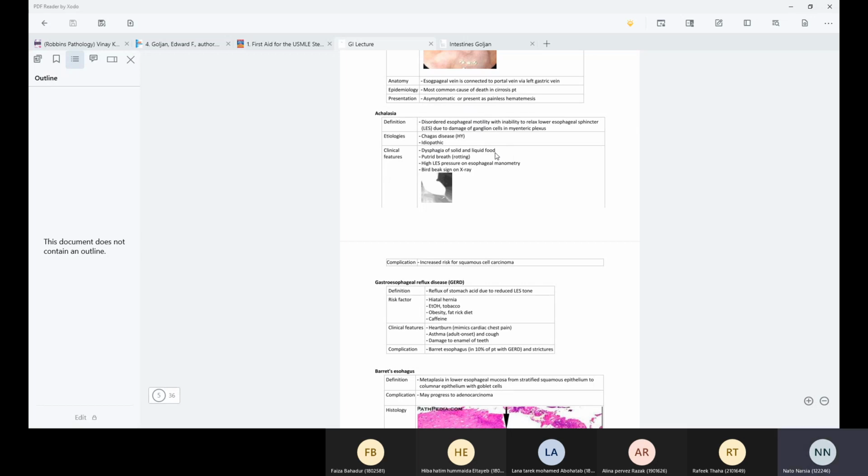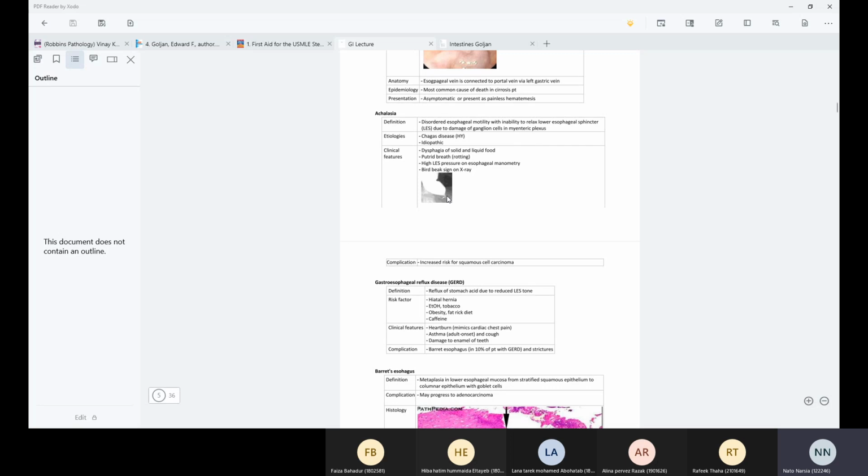For some reason, I don't know, students read somewhere dysphagia to solid and liquid food, they choose cancer. But you see, you have achalasia as well, where you have a problem swallowing liquid and solid food. Why? You have a problem in the relaxation of this lower esophageal sphincter.